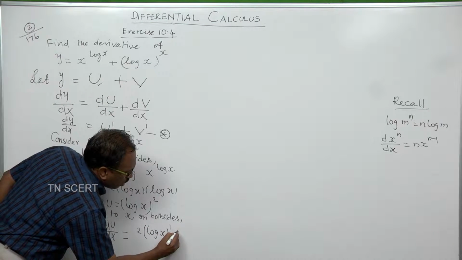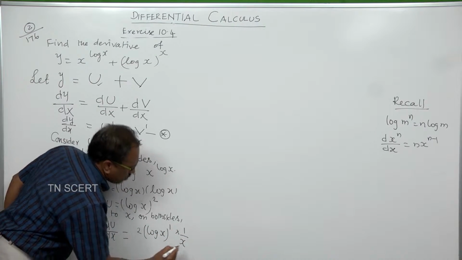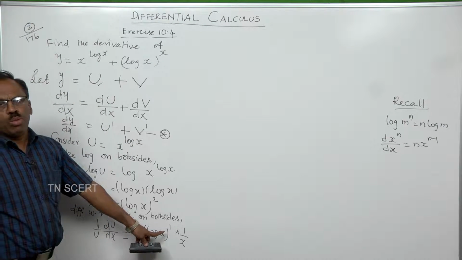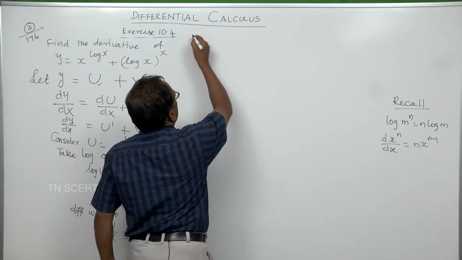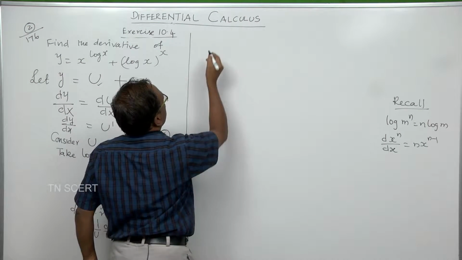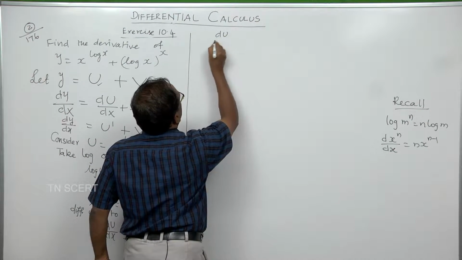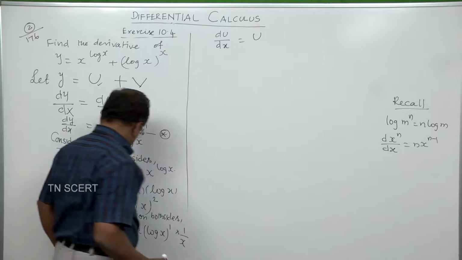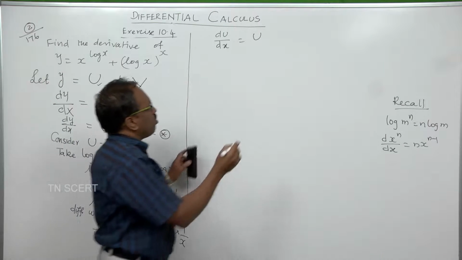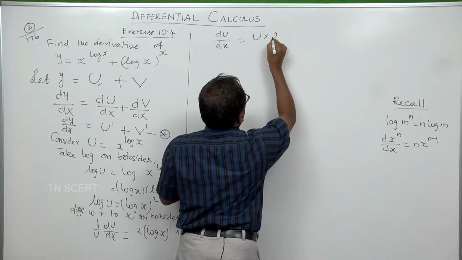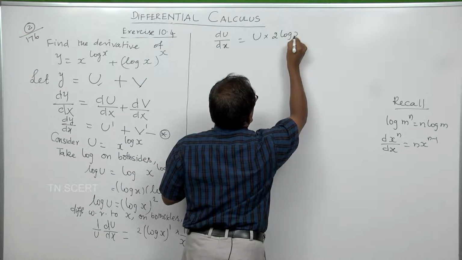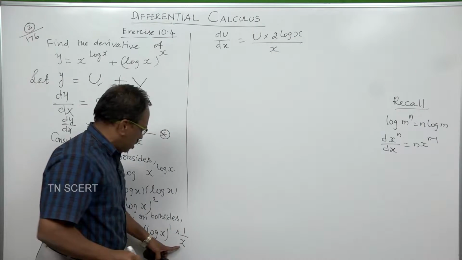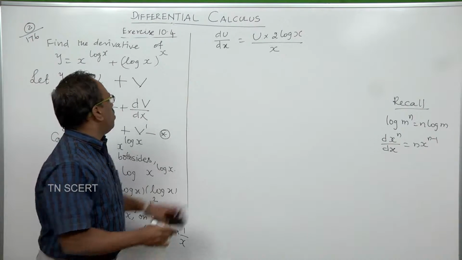So into 1 by x. Now this u you carry over to the numerator. The left hand side: du by dx equals u times 2 in the numerator, log x, and that x is in the denominator. What about u?